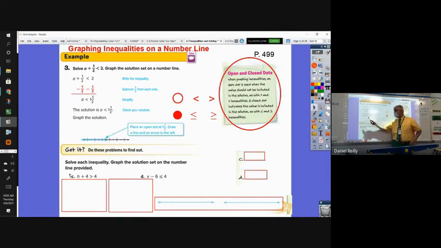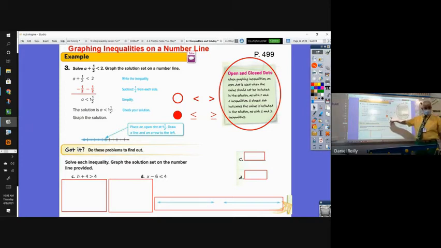So an open circle is used for less than and greater than without the equal to. And then you draw your arrow in the right direction. We want numbers that are less than 1.5, so it's everything to the left. And you have to draw an arrow because it continues, like -1,000,000 makes this true, so this just keeps going forever.